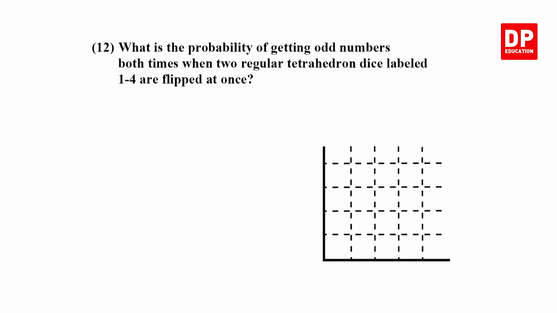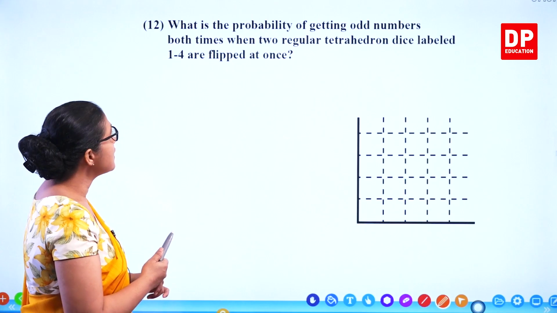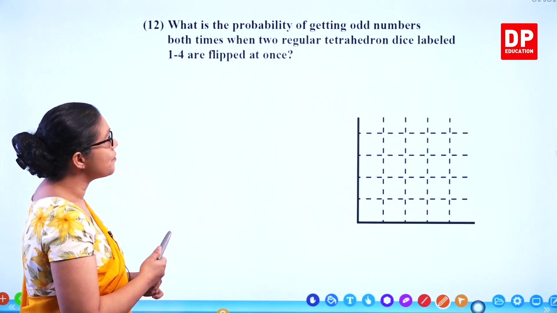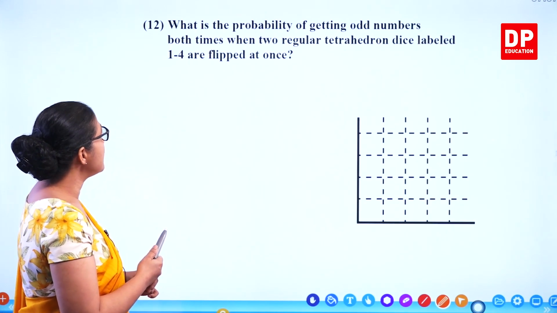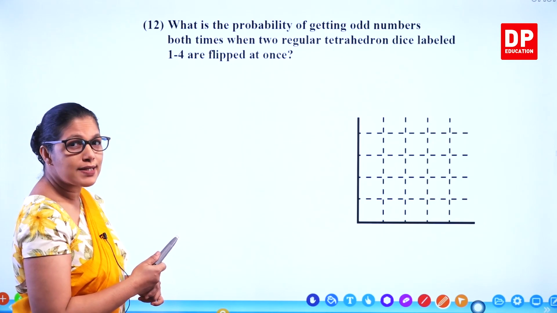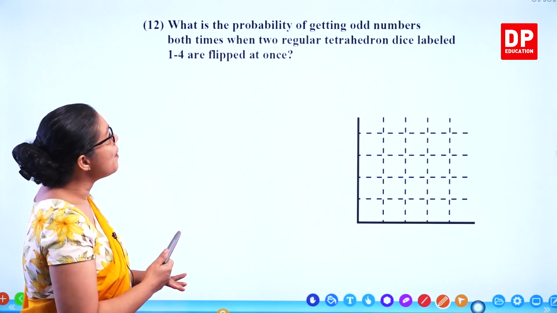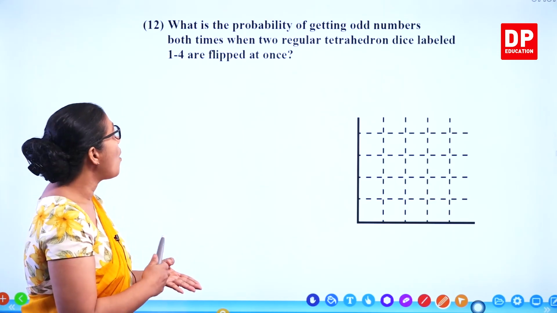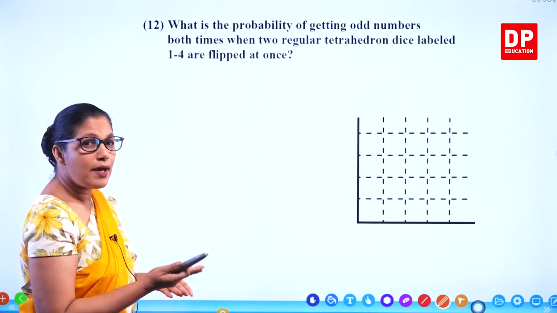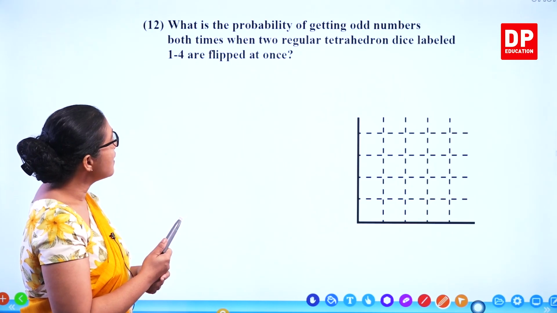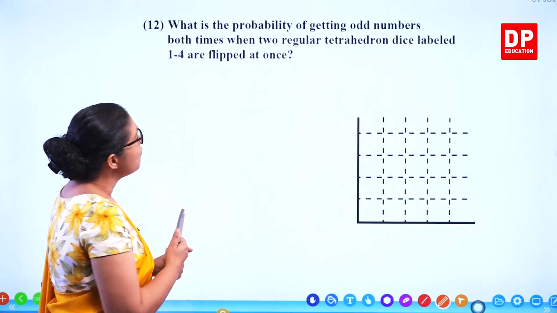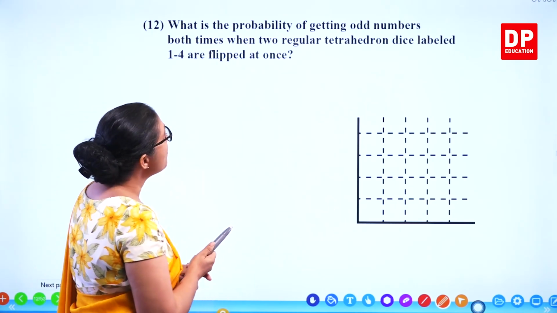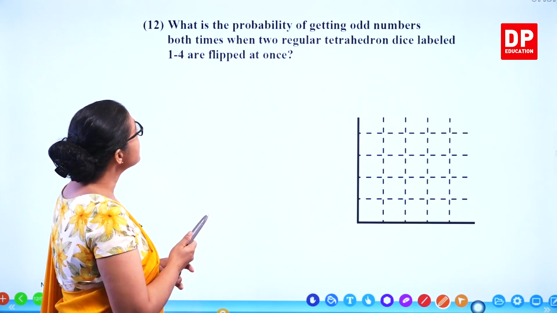Question number 12. What is the probability of getting odd numbers both times when two regular tetrahedron dice labeled 1 to 4 are flipped at once? Regular means all sides are equal, so the chance of getting 1 or 2 or any number is equal. So we'll use a diagram to find the probability, a sample space diagram.